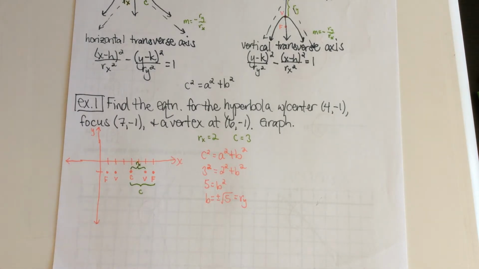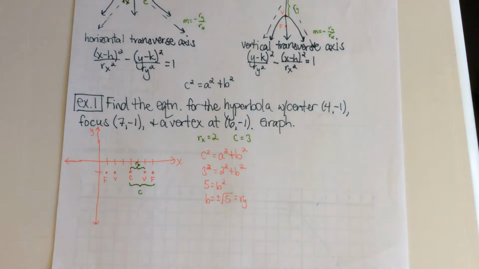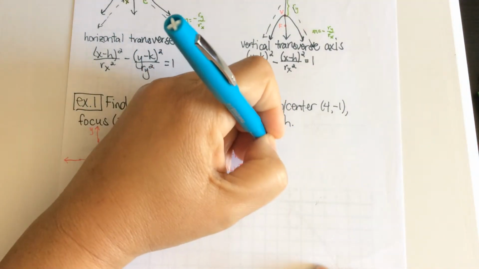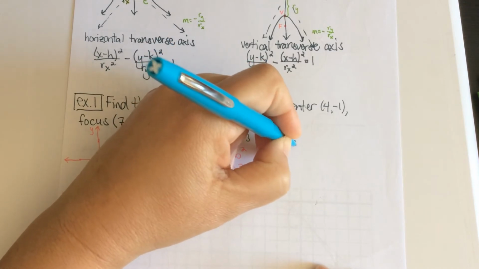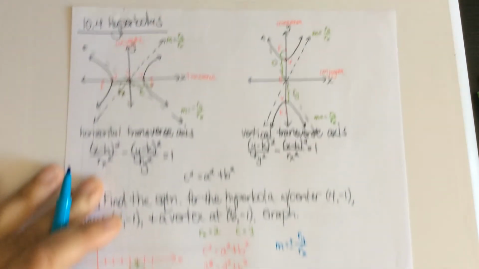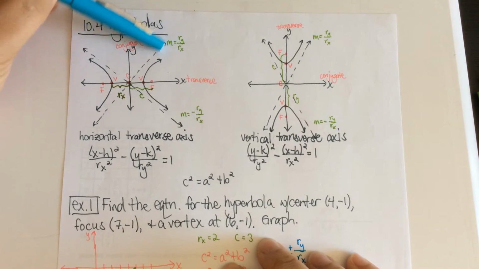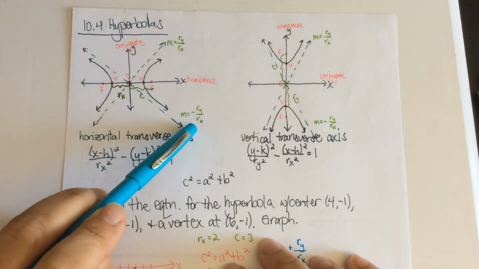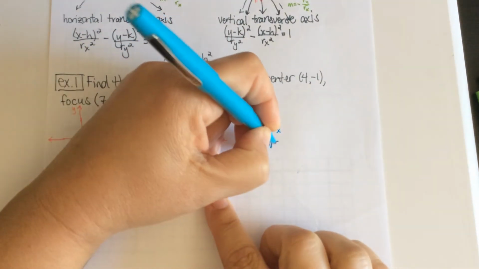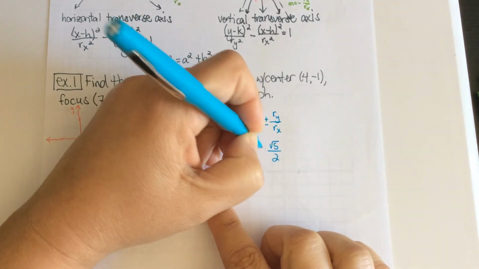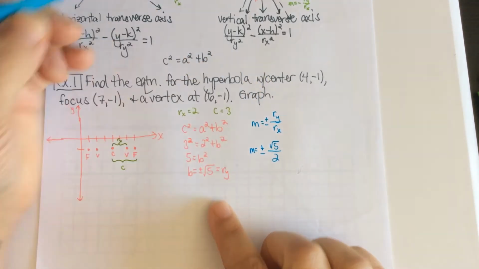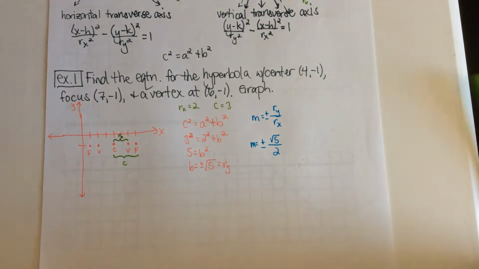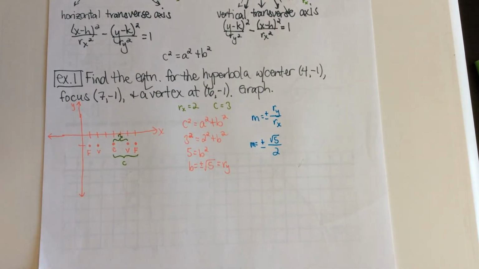From here, I'm going to switch colors. From here, I'm going to say the slope is plus or minus ry over rx. So the positive slope, going up from left to right, and the negative slope going down from left to right. The ry is rad 5 over the rx is 2, and I can estimate that because rad 5 is slightly larger than rad 4, right?